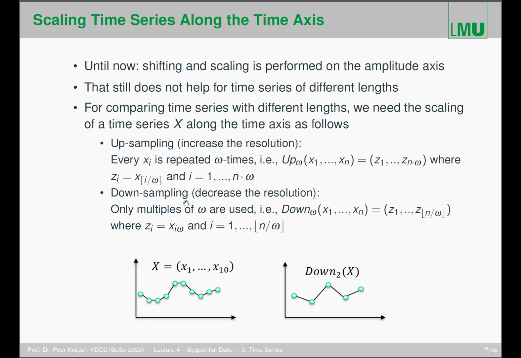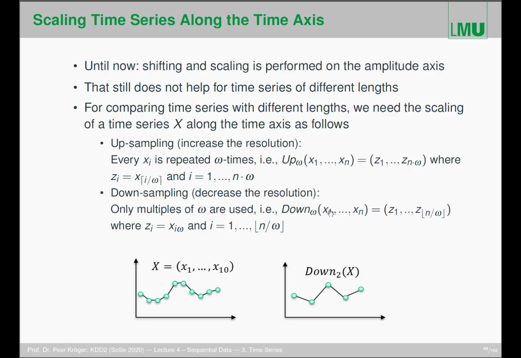And downsampling is the reverse thing, obviously. So we decrease the resolution. Only multiples of omega are used here in that case. And we just set each new value typically to the mean value, or just erase the time slots from the original time series.